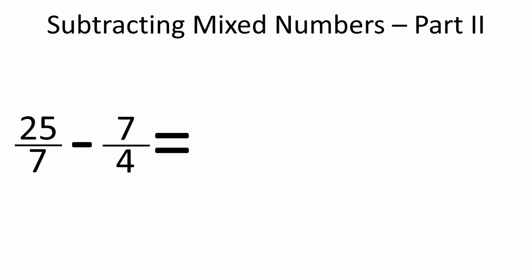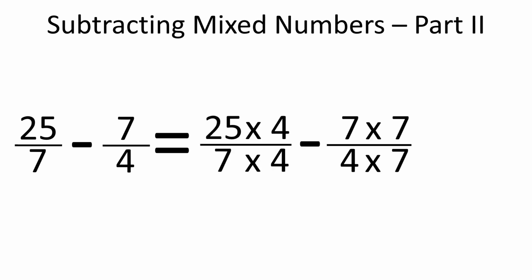Now, let's rewrite each fraction as an equivalent fraction with the same denominator. The least common multiple for 7 and 4 is 28. So 28 is the common denominator. To convert 25 over 7 to an equivalent fraction with 28 in the denominator, we have to multiply both denominator and numerator by 4.